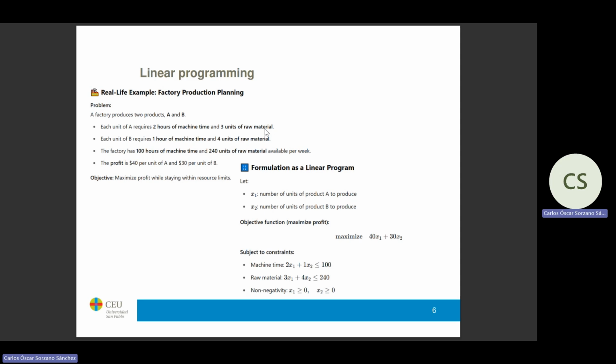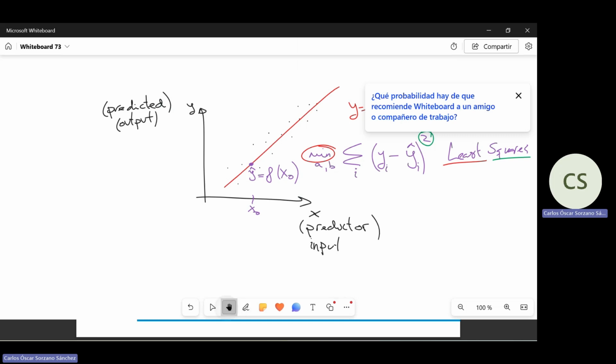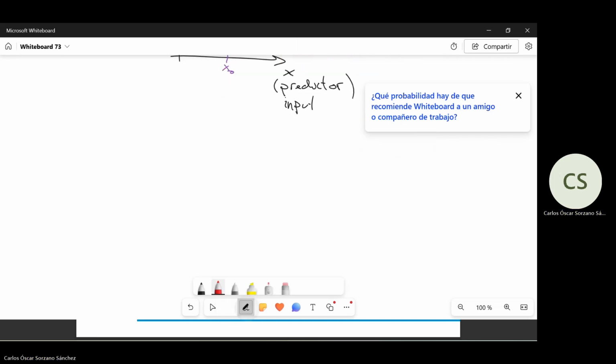So linear problems must be a vector times x. So I want to maximize, I have to define x1 and x2.